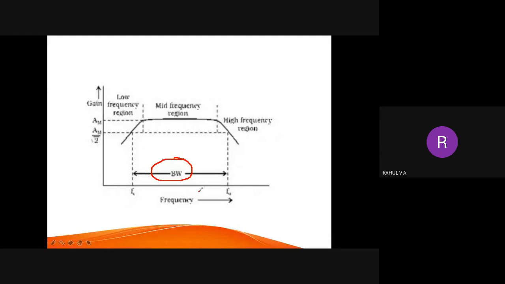That line touches the curve in the low frequency region, which is considered as FL. The same line touches the curve again in the high frequency region, and that point is known as FH. The difference between FH and FL is the bandwidth of that amplifier.